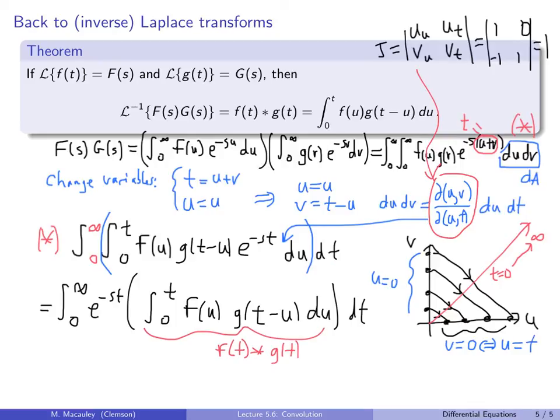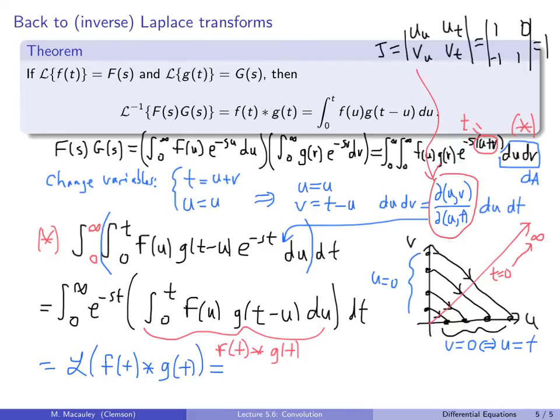And this big integral, we're multiplying this convolution times e to the minus st and integrating it from 0 to infinity, that's the Laplace transform. So what we have just gotten is that this is the Laplace transform of the convolution of f of t and g of t.